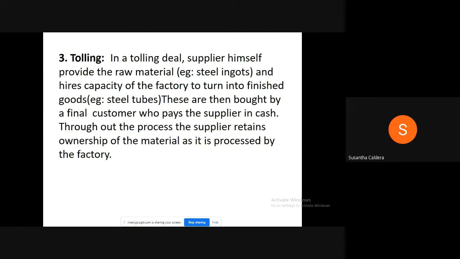Although, throughout the process, the supplier retains ownership of the material as it is processed by the factory. Now, the supplier who supplied the steel ingots retains the ownership of the material. Right? Okay? Right. Until he gets paid.